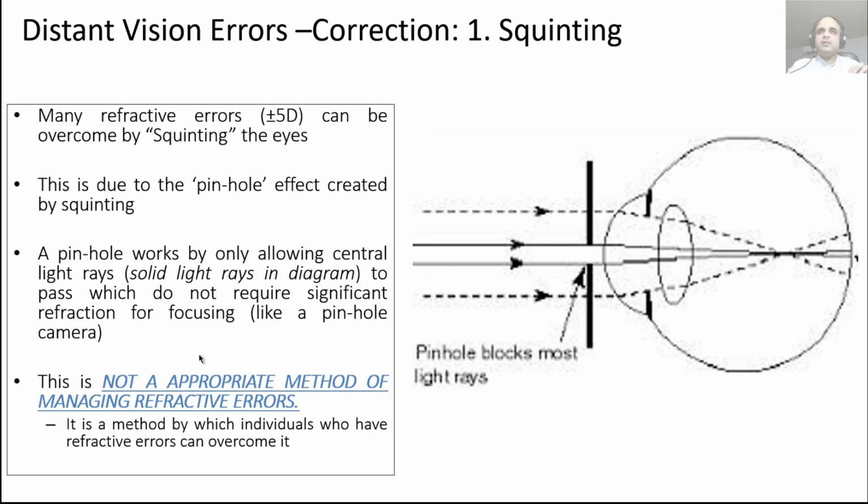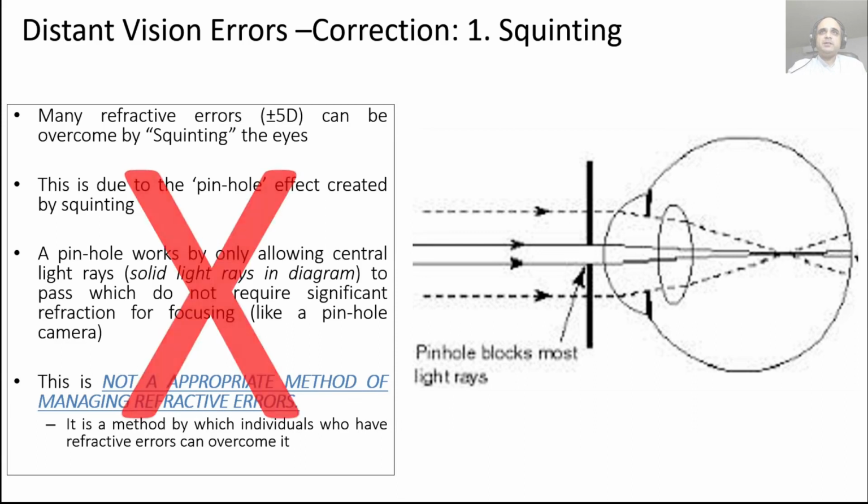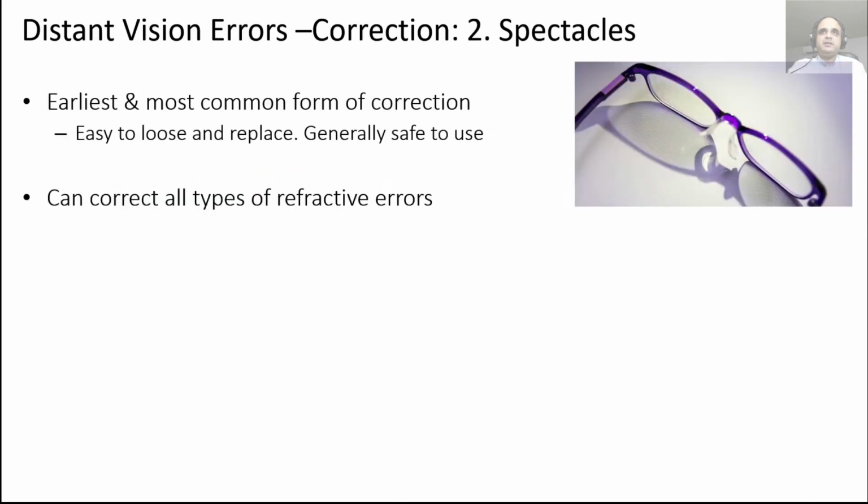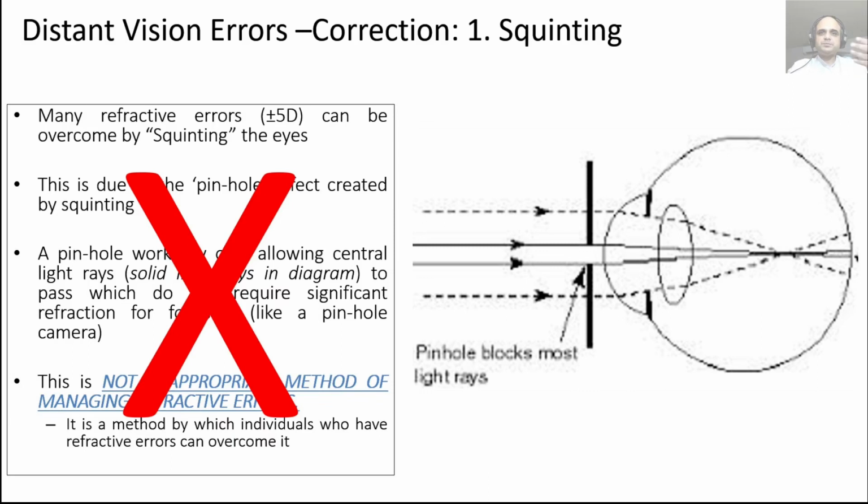And this is again not an appropriate method of managing refractive errors. It's a method by which individuals correct the refractive errors by themselves, just like increasing the distance in presbyopia was. So don't prescribe this, don't write this, don't mention this in the OSCE, putting it here to complete the discussion.